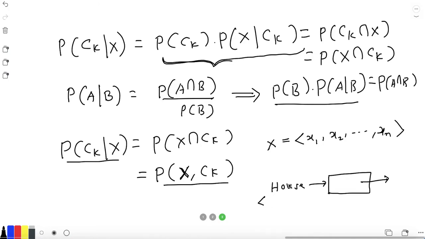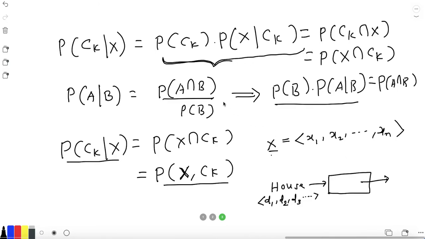Those features are, let's say, the distance of the house from the school, distance from the market, distance from the hospital, and so on. So these are nothing but x1, x2, x3. That means for this data point, these are the features.